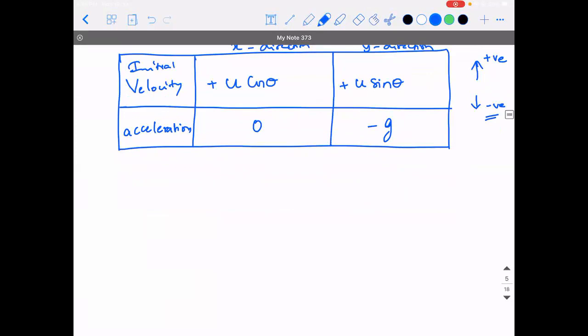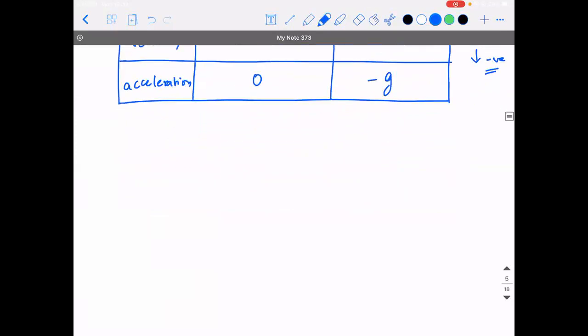Right. So what are all the parameters I told you we need to calculate? One is H max, one is R, and the last one is time of flight. For H max, see what I'm going to do. What is happening at the maximum height?